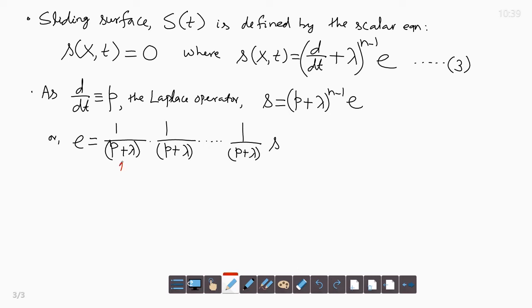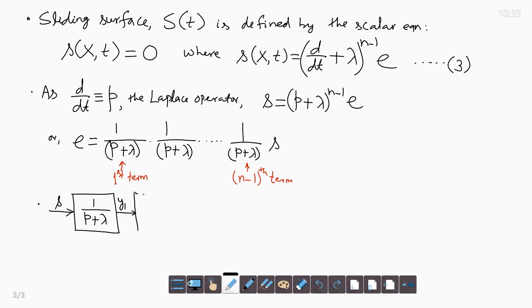This is the first term and this is the n minus 1th term. So we have an input s, we have the block 1 upon (p plus lambda), output is y1, then we have a second block which is also 1 upon (p plus lambda), y2, and this will continue.